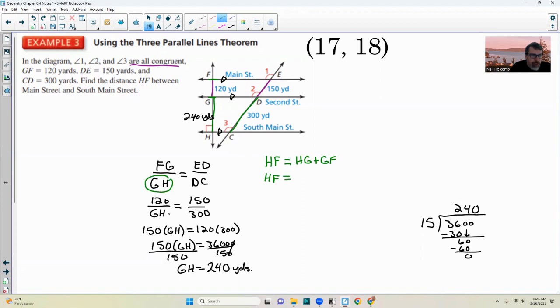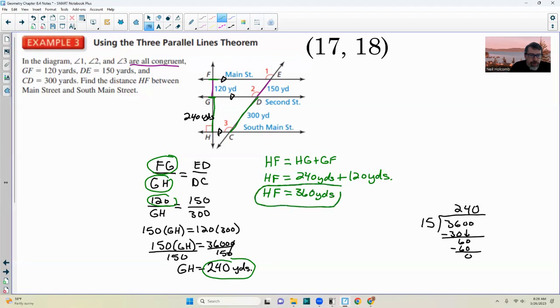HG or GH is right here, and that is 240 yards plus GF or FG, which is here, which is 120. I could have also used the diagram, 240 plus 120. So HF, the length of that street, equals 240 plus 120, or 360 yards. Okay, so there's the answer to the question. Find the distance between Main Street and South Main.